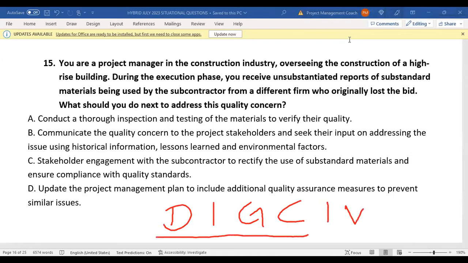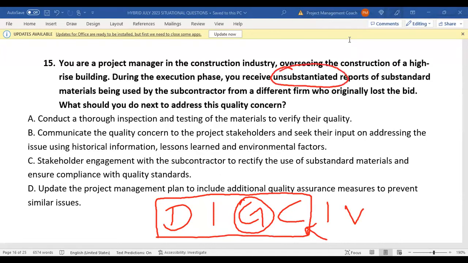But for the exam, it's pretty much define what the problem is in this question, identify the root cause of the problem, then choose the best alternative. So you could generate them in your head, but it's going to boil down to choosing from what PMI gives you.